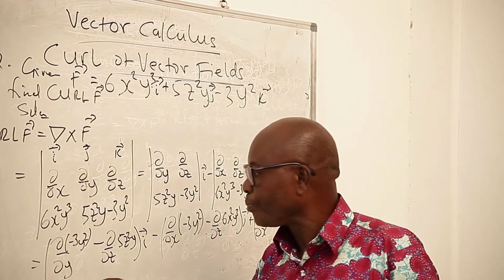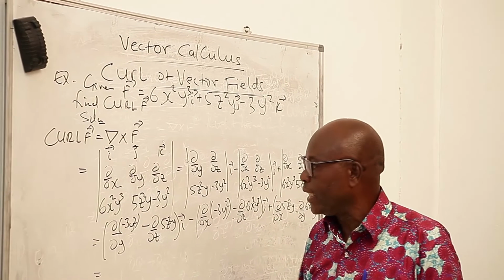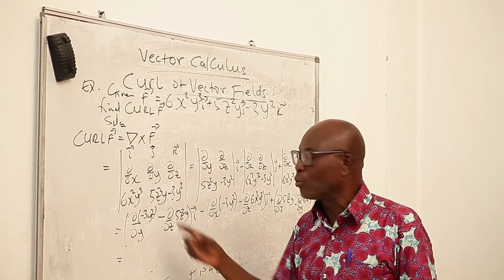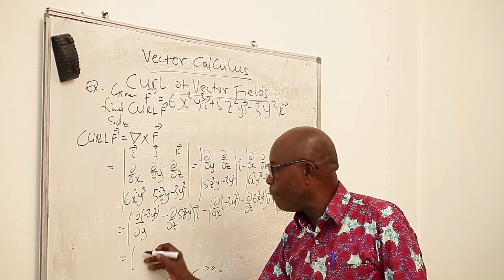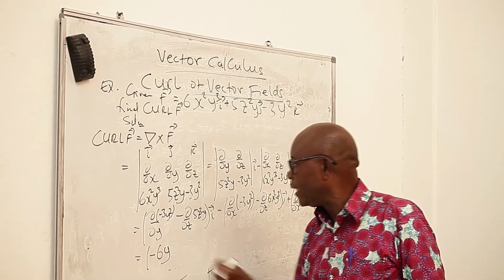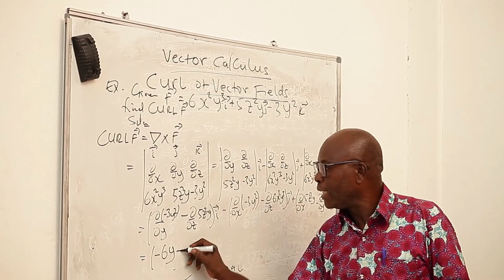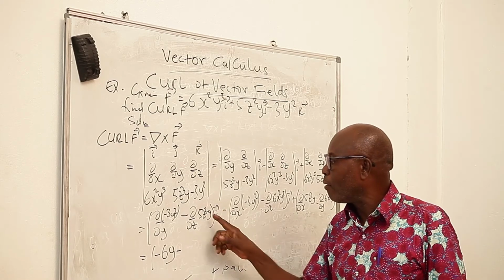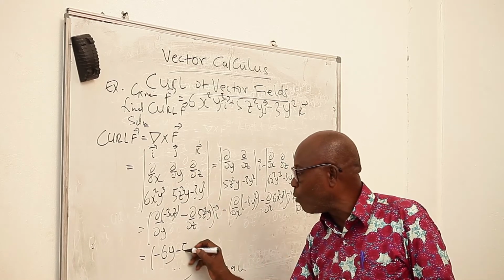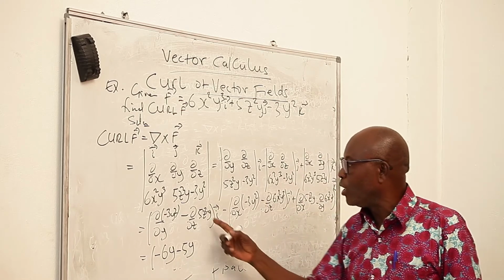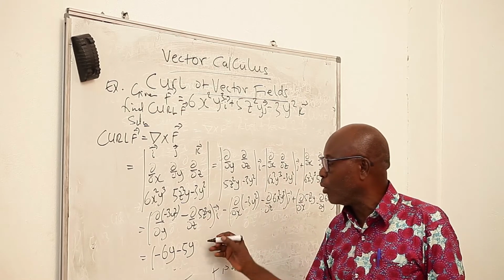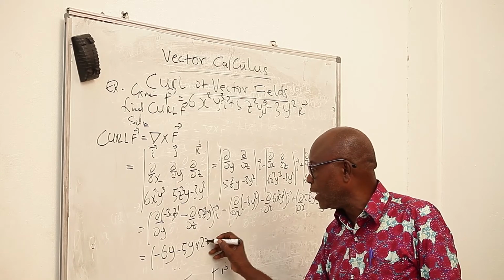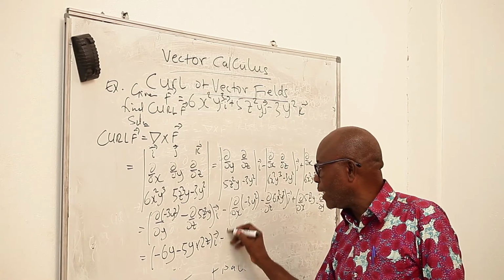And so we are going to differentiate. If you differentiate minus 3y squared, you're going to have minus 6y. Now, minus. If you differentiate 5z squared y, 5 and y are constants. And so you differentiate z squared with respect to z, you get 2z in the i direction. Minus.